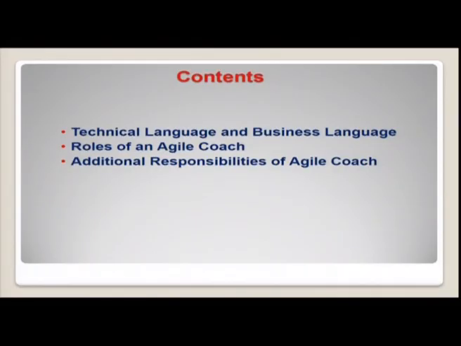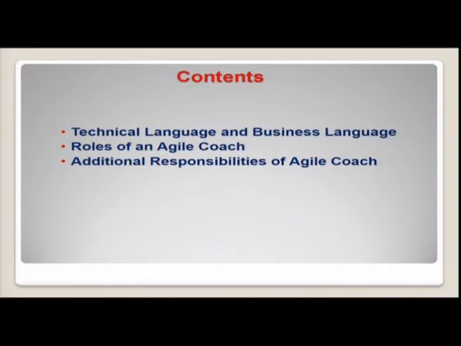A methodology is a model. Extreme programming is a methodology or a model. Scrum is a framework, and a framework is customizable, tailor-made. That is, you can make it according to your own need. In extreme programming, you have a coach, called the extreme programming coach, XP coach, or Agile coach.